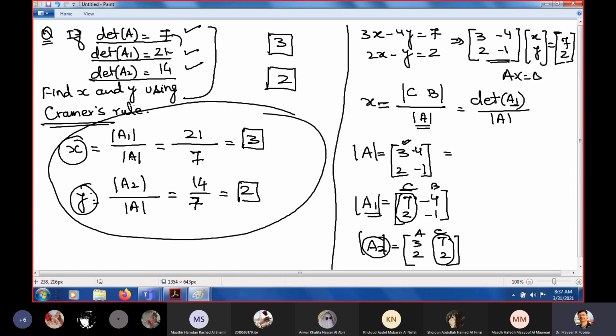How? It means you should know what is A1 and what is A2. A1 is the matrix obtained by replacing the first column by the value of B. And A2 is the matrix obtained by replacing the second column by B, 7, 2.